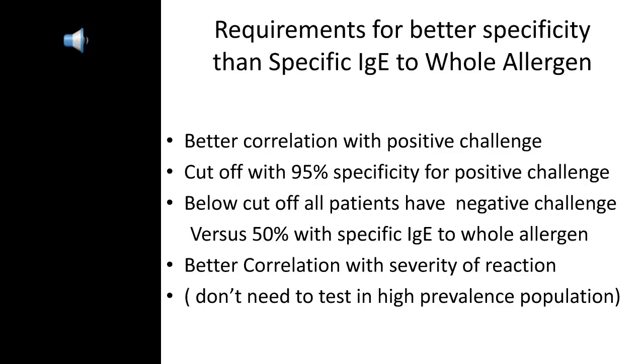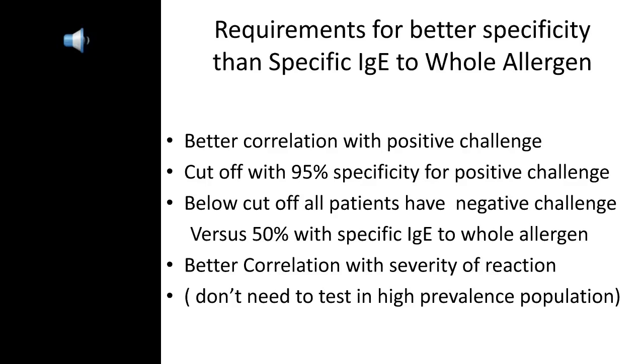However, the problem with the older technology is that a large proportion of people still react below the cutoff. As I mentioned, in peanut allergy, 50% of people who react to peanut are below this cutoff. The whole point of these newer technologies should be to reduce the number of patients who react while below the cutoff.